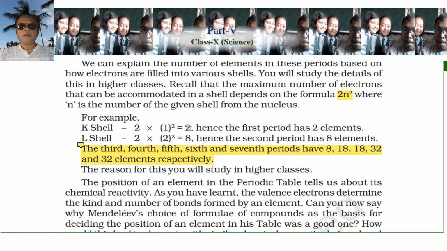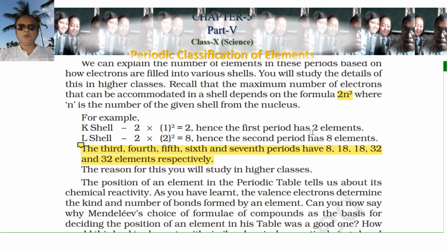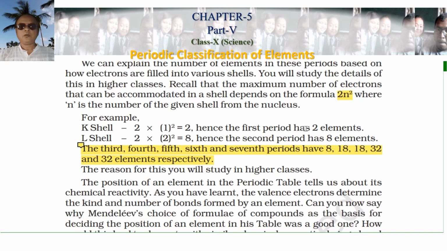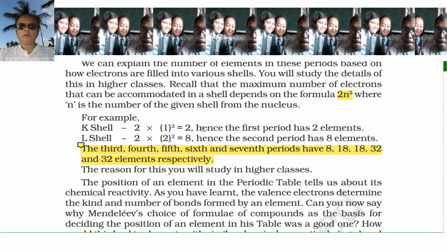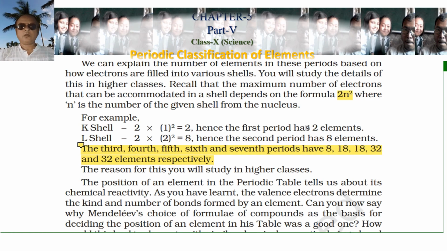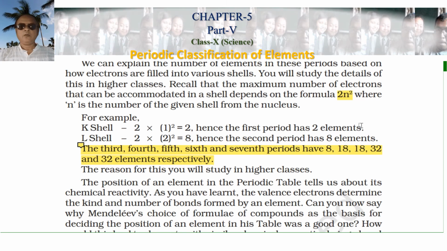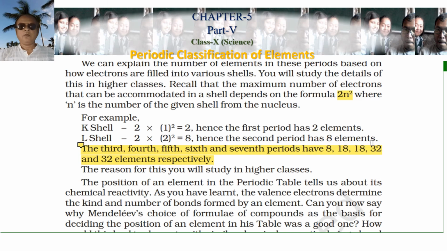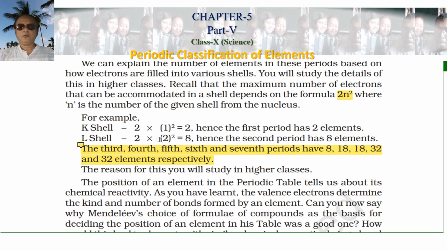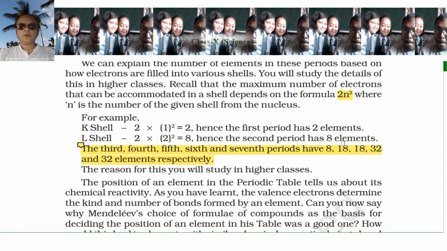Maximum it can accommodate 2 electrons, hence the first period will have 2 elements. The L shell will have 8 elements, because n is 2, so 2 square is 4, and 4 times 2 is 8, hence it will have 8 elements.